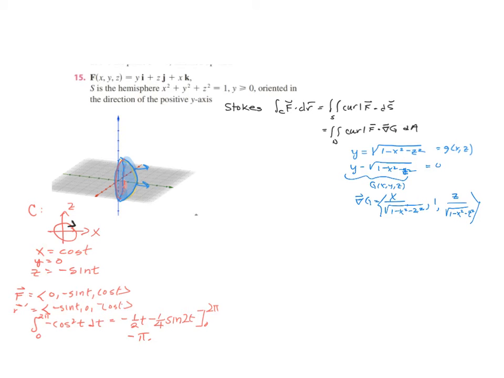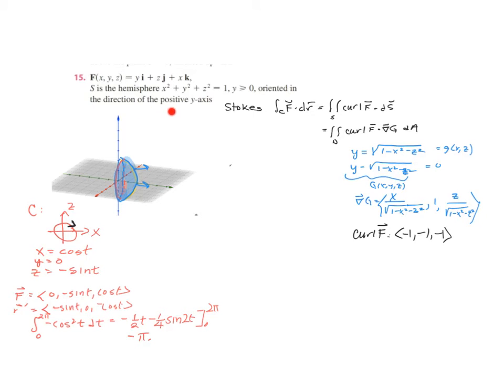The curl of f is negative 1, negative 1, negative 1. I'll leave that for you to compute. And so the dot product of these two, I guess I didn't stop and think right here. The 1 is in the y position, which makes sense because y is the dependent variable.